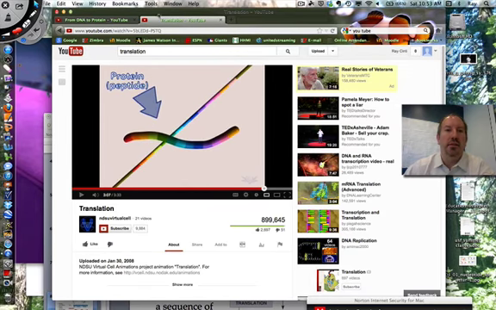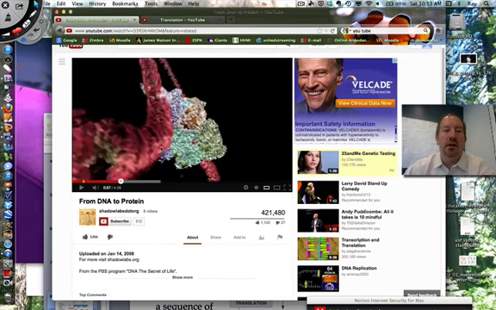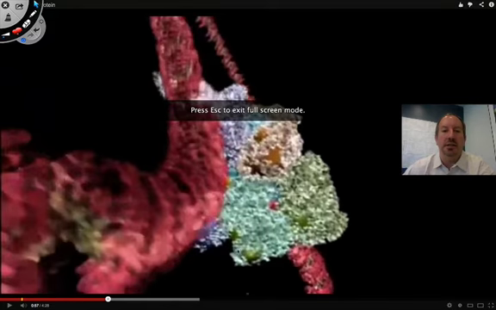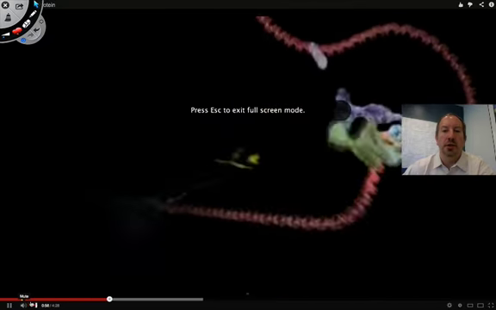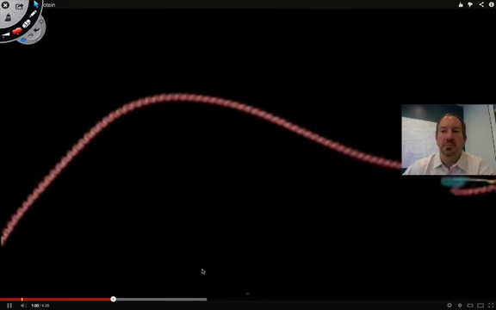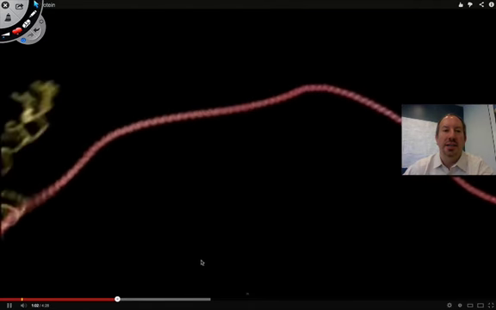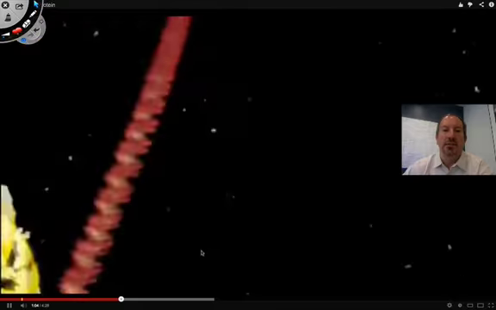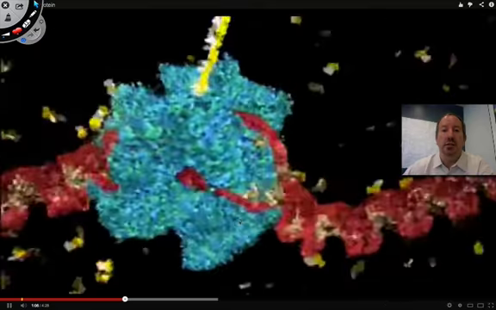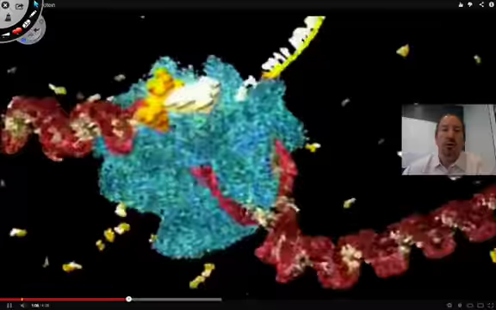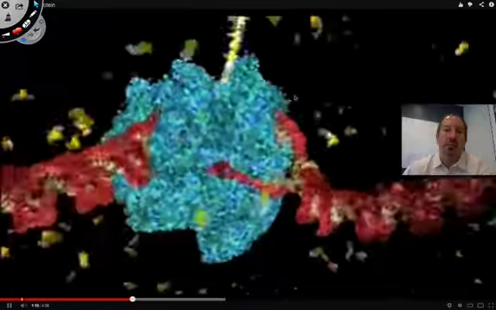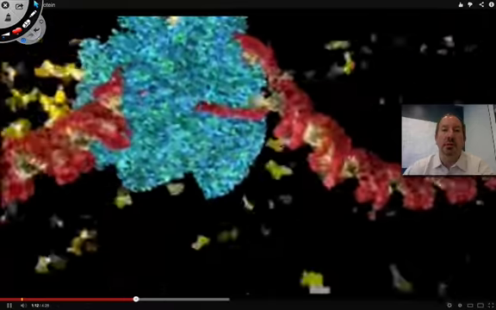Okay, let's check out this. This is, I think, a really neat animation too. And so here, as you can see, transfer RNA is being produced in the nucleus, or this could be messenger RNA. So this is the process of transcription occurring.